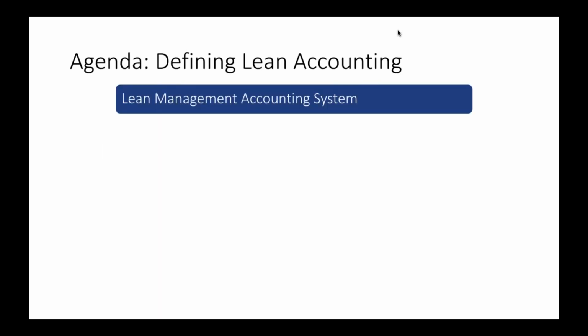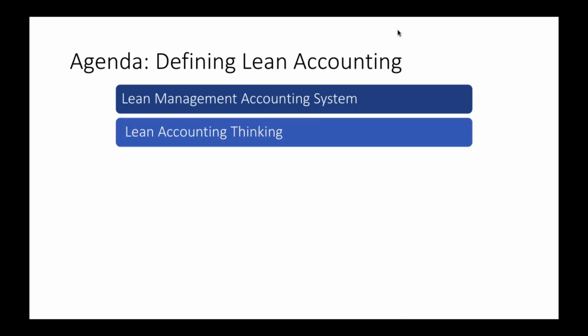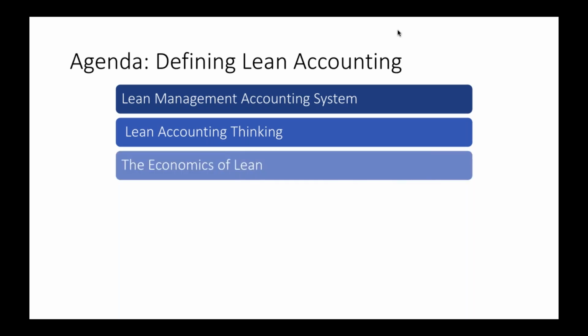So let's get started. Today, we're going to talk about what is a lean management accounting system, which is really the foundation of lean accounting. I want to spend a few minutes talking about lean accounting thinking. How do you have to think to understand why lean accounting will work in a lean company? I'm going to talk about the economics of lean. How does lean work financially?